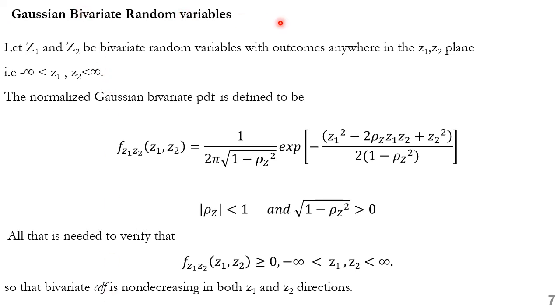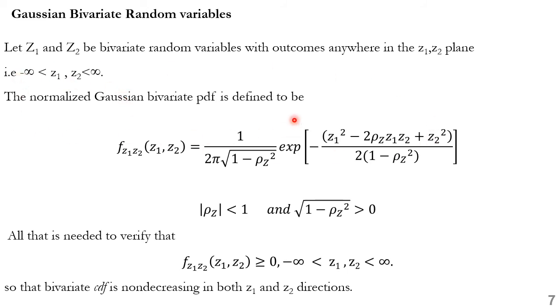Gaussian bivariate random variables. Here let us define Z1 and Z2 as a bivariate random variable with outcomes anywhere in the Z1 Z2 plane. And here the values of Z1 and Z2 vary from minus infinity to plus infinity.